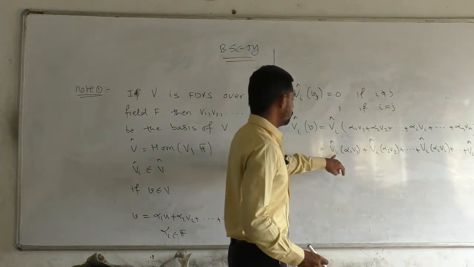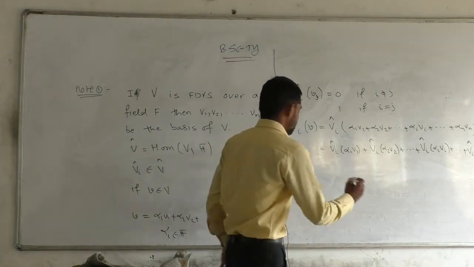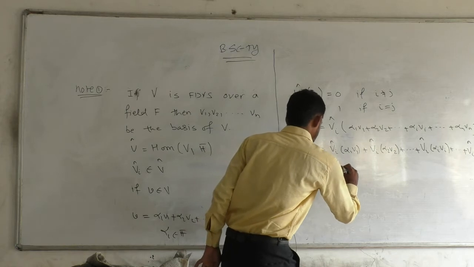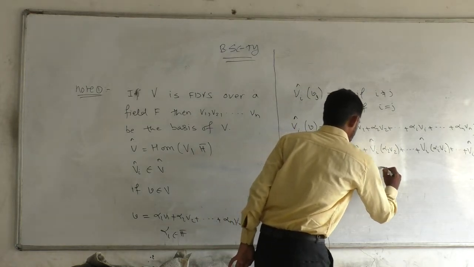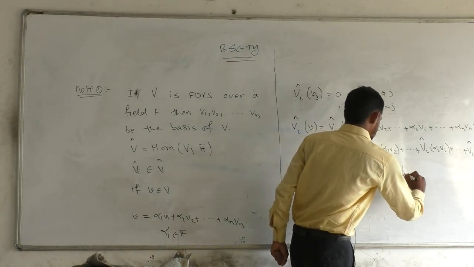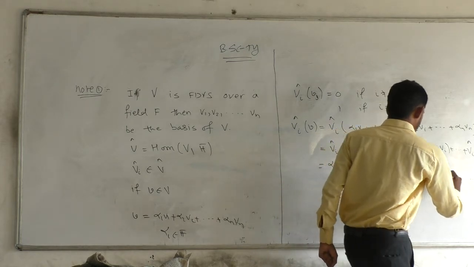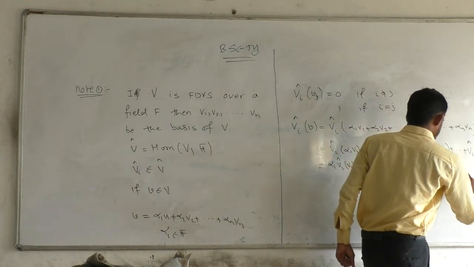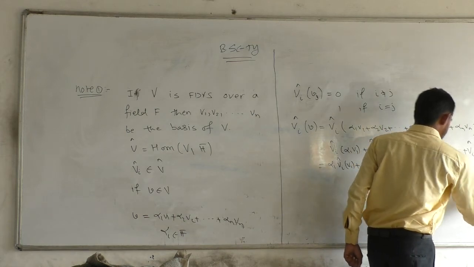Now since vi dual is a linear functional, alpha goes outside, so alpha 1 vi dual of v1 plus ... plus alpha i vi dual of vi plus ... plus alpha n vi dual of vn.